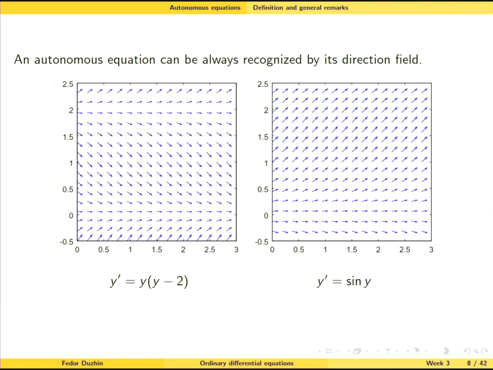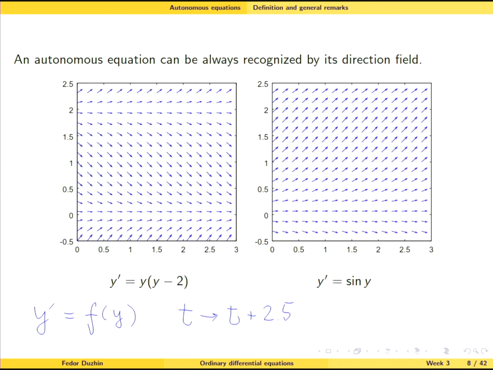If we have an autonomous differential equation, y prime equals, say, f of y, and suppose we change t to t plus some constant, say plus 2.5.